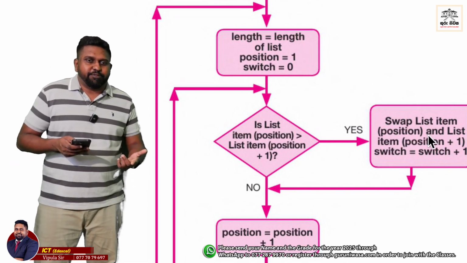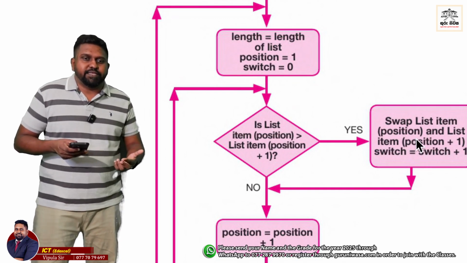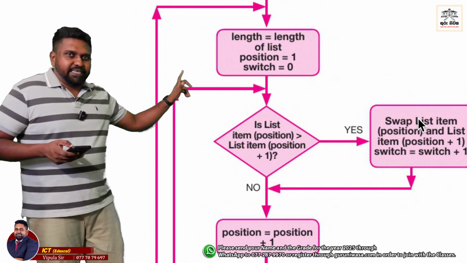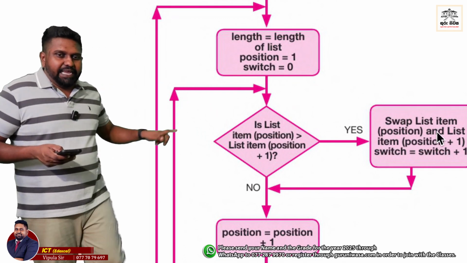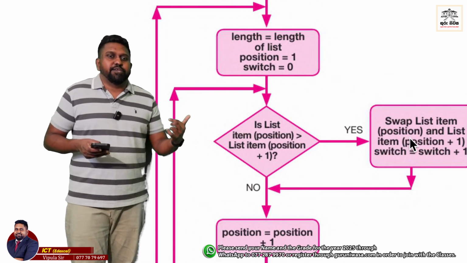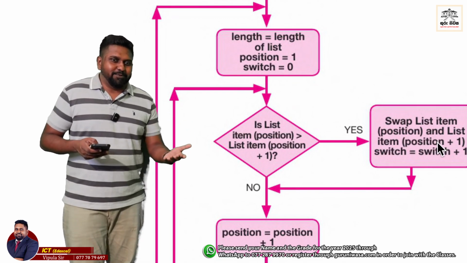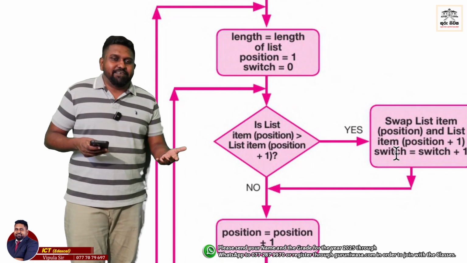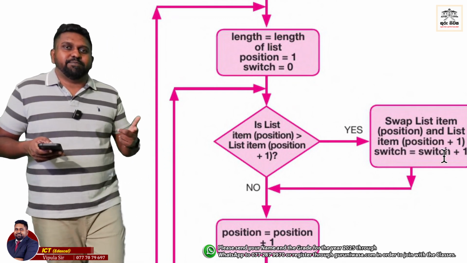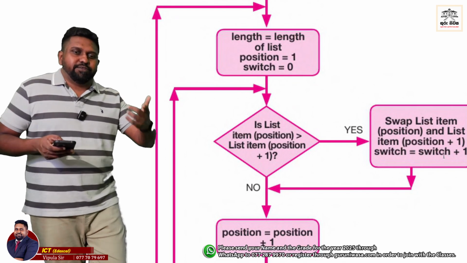So here we swap the position. We get the list item position, the current position, which in this case is 1, and we get the second position, which is the position plus 1, and we switch. Switch here means we keep the switch as plus 1.